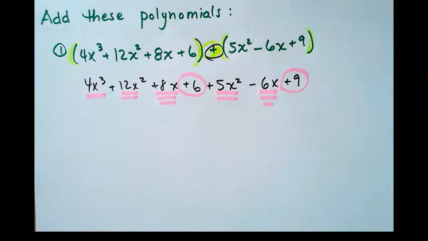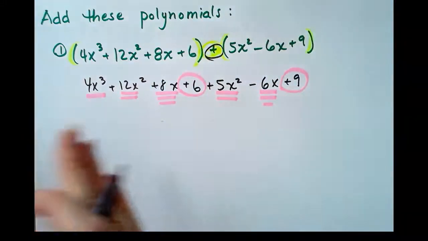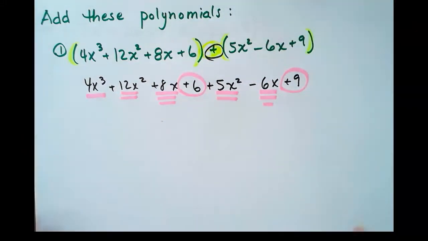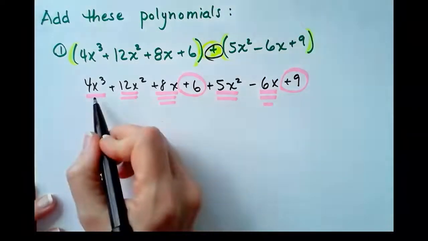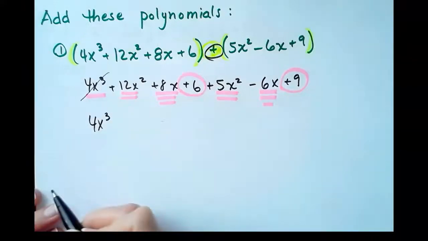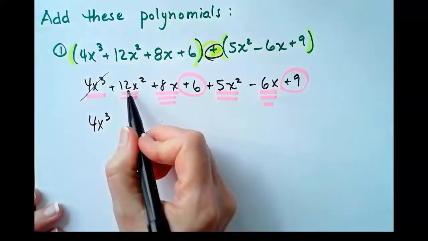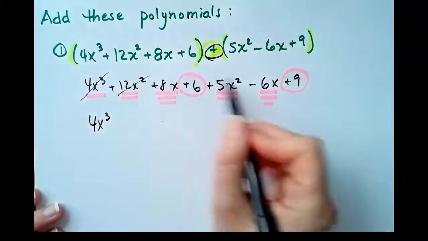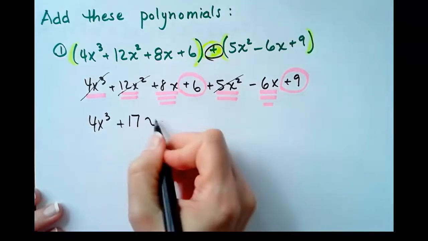Now remember, we're going to simplify by combining like terms, and we're going to leave our answer in descending order, which is standard form for polynomials. So this is the only 4x cubed, so just bring it straight down. 12x squared plus 5x squared is 17x squared.